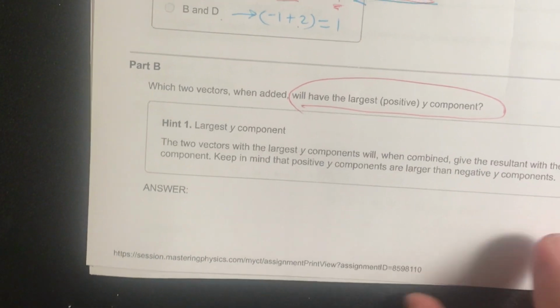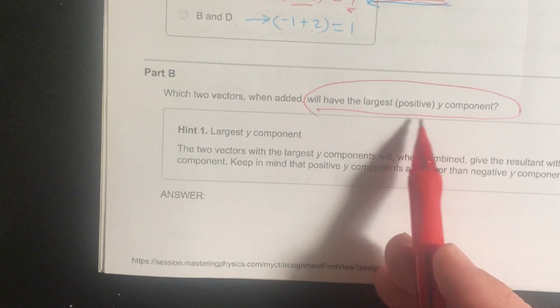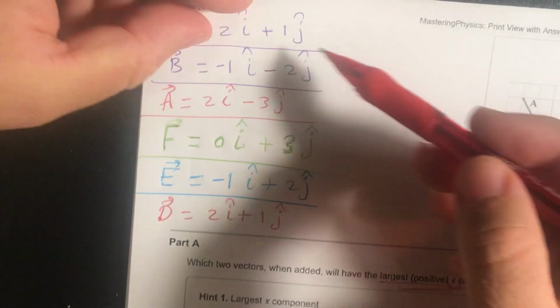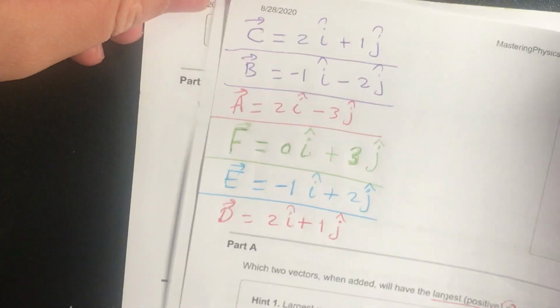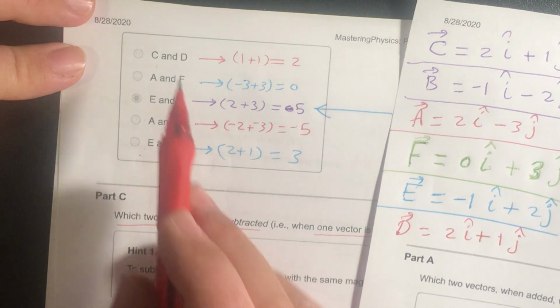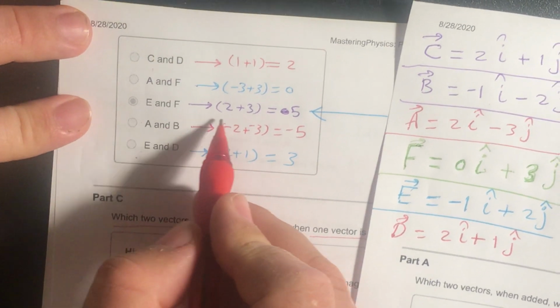Again, if we add them together, which is the largest positive Y component? The same way, I just add the Y components as required in the question.